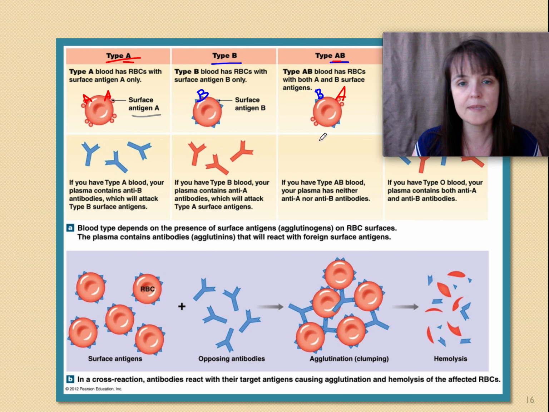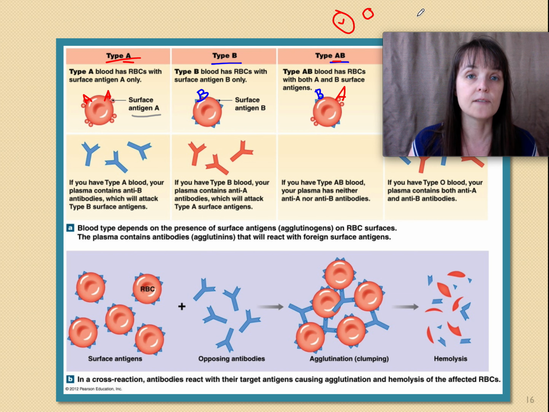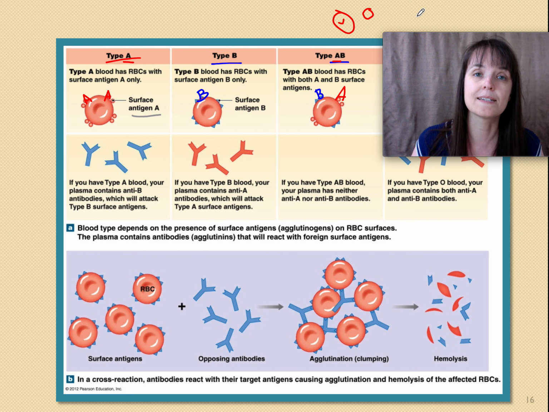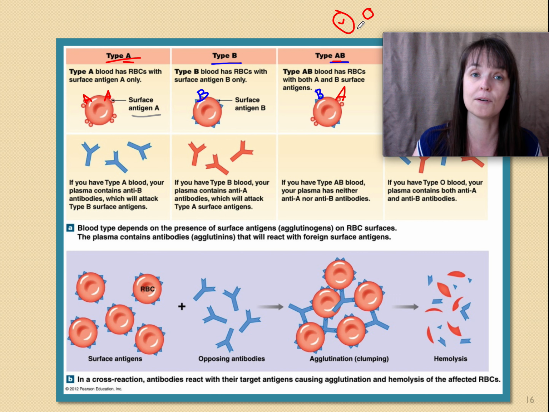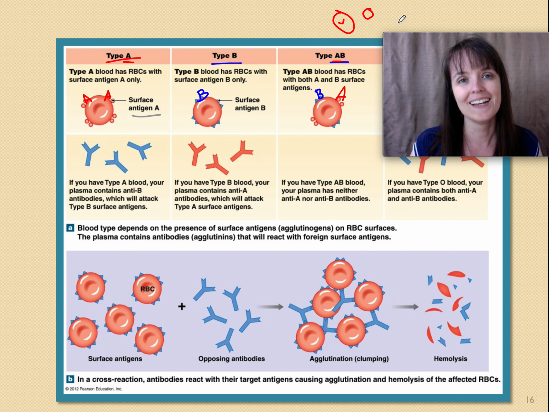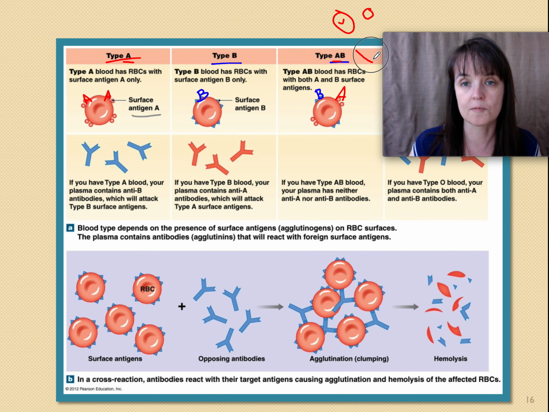Now the one that's missing underneath there is type O blood. Type O has 0 surface antigens. In fact, this type was originally type 0 and it got misread as the letter O, because they're hard to tell apart. So no surface antigens for type O.